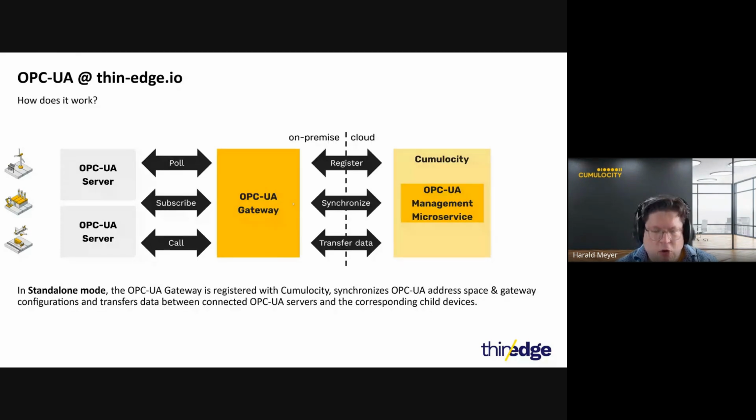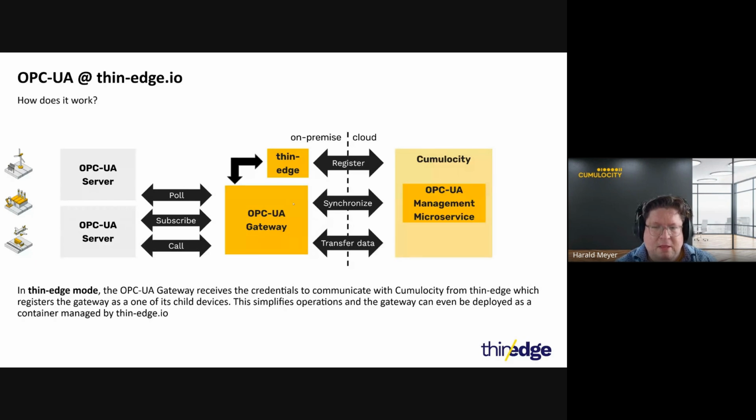Then in the OPC UA user interfaces in Cumulocity, you connect OPC UA servers and define device protocols to define what kind of data should be sent from the OPC UA servers to Cumulocity. And then finally, the actual transfer of data is also done directly to Cumulocity.